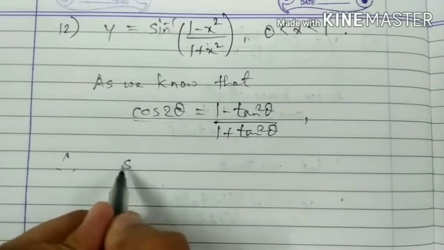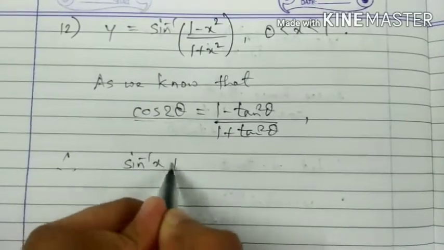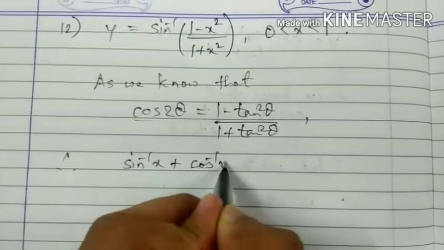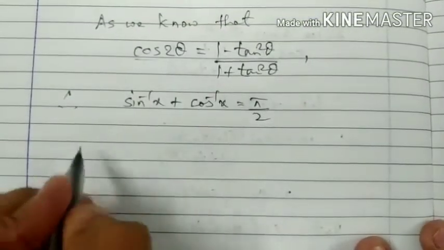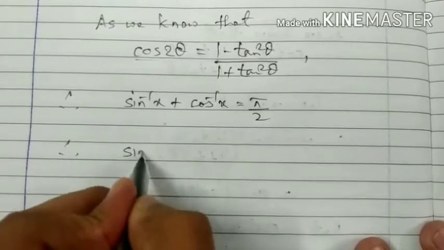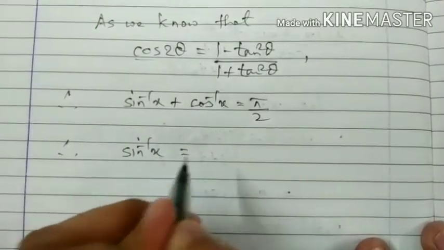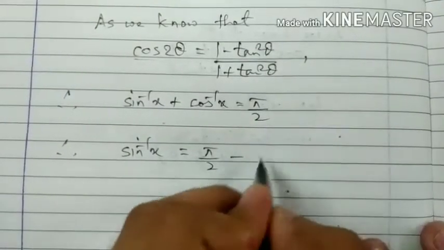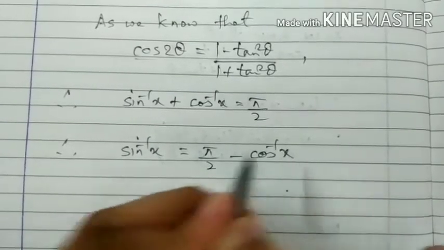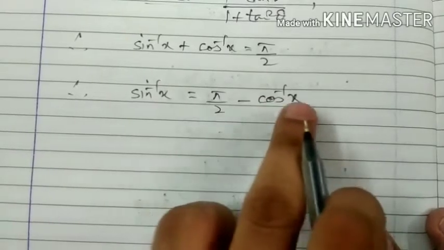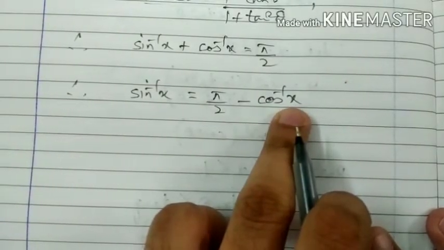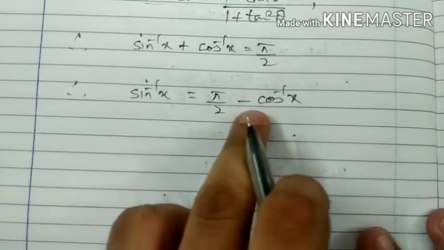We know that sine inverse x plus cos inverse x equals pi by 2. So making sine inverse x the subject, we can write pi by 2 minus cos inverse x. So here sine inverse x can be converted into cos inverse x by writing pi by 2 minus cos inverse x.